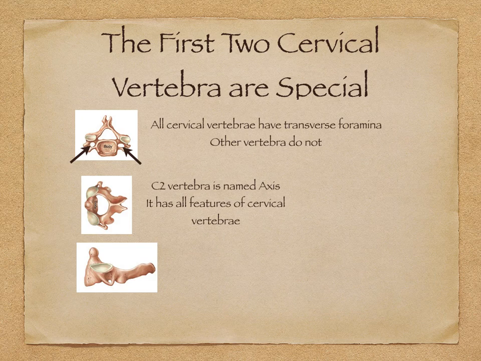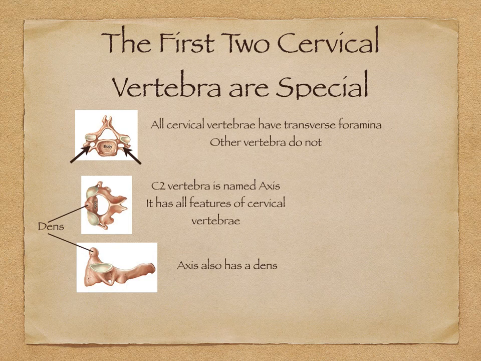This bone has one extra feature that no other vertebra has. And you can probably see that fairly well here. There's a piece of bone sticking up. It's called the dens. This is going to form a rotating point for the bone that fits on top of this, the bone that is superior to it.